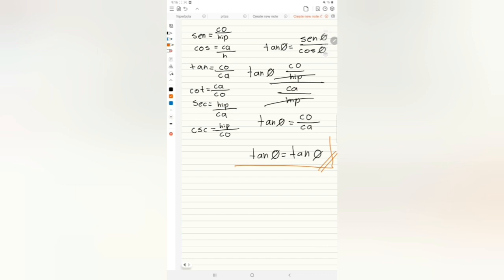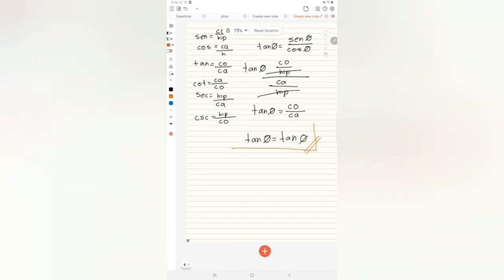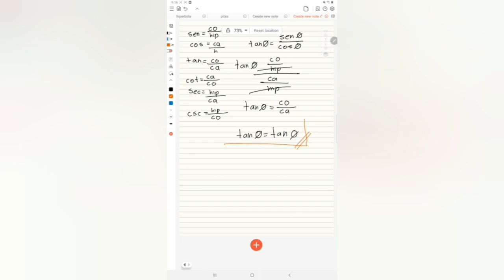We could cancel the hypotenuse because it was the same in both, but if it wasn't, we could use the sandwich law that we could demonstrate here. The tangent of the angle is equal to the opposite leg divided by the hypotenuse, all this divided by the adjacent leg divided by the hypotenuse.